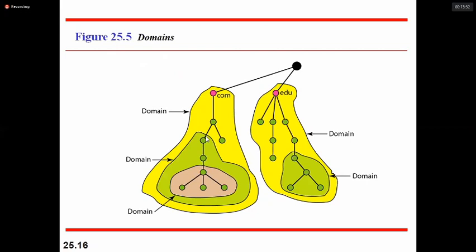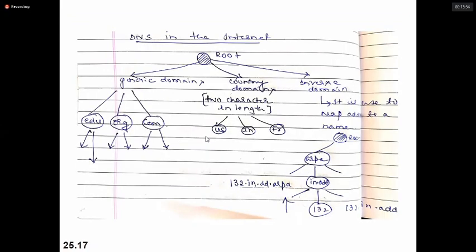It is divided into three different categories: the generic domain, country domain, and the inverse domain. Generic is specific to one particular application. Country is of two-character length, and for the inverse domain, if we want a mapping from an IP address to a host name, then we go with the inverse domain.